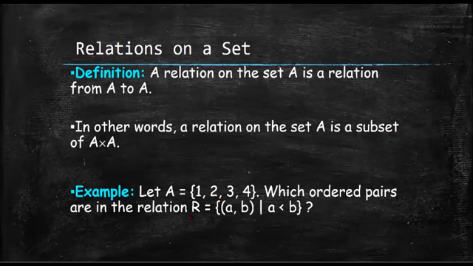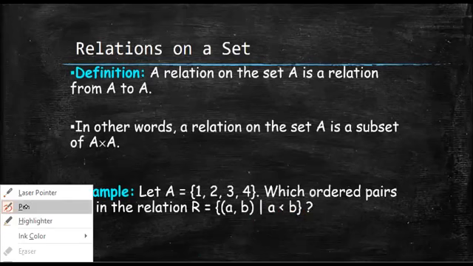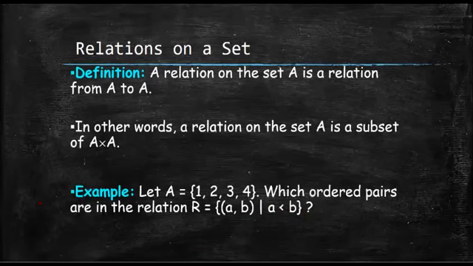Which ordered pairs are in the relation {(a, b) : a less than b}, such that a is less than b? We are supposed to create the relation in such a way that the element a should be less than the element b. So for this, we will get the relation R in this way.